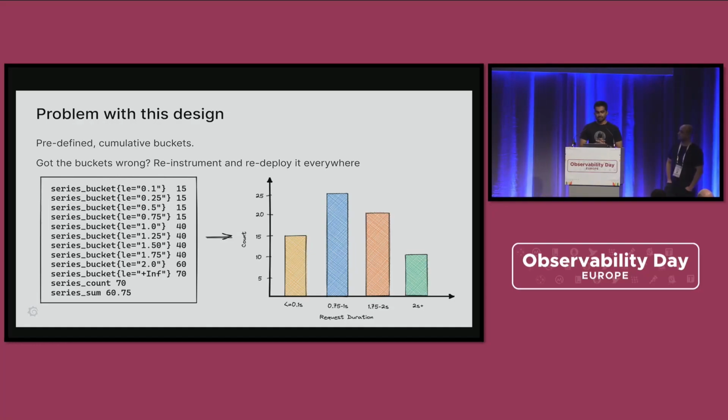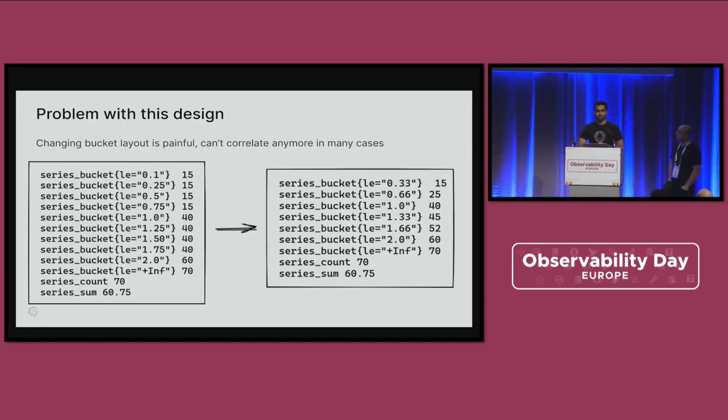And let's say the bucket representation was inefficient, and you thought of changing the bucket layout. Now you have to re-instrument your code and redeploy it everywhere. That is still one picture of this problem. Let's say you redeployed a different bucket layout later. You cannot correlate them easily.